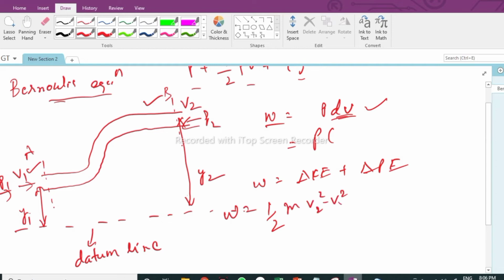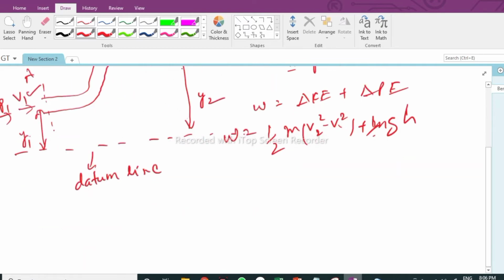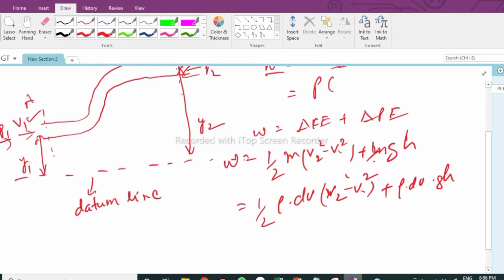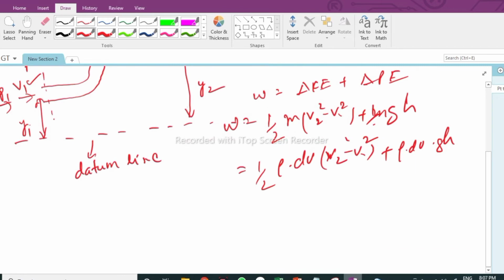What is delta KE? Delta KE will be half m into v2 square minus v1 square, plus mgh. So this is half into rho dv into v2 square minus v1 square, plus rho into dv into gh.